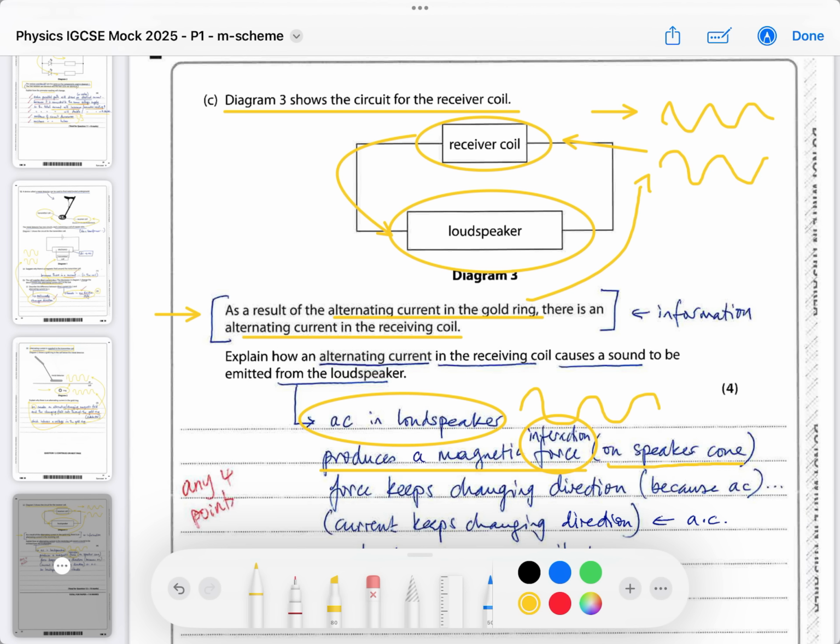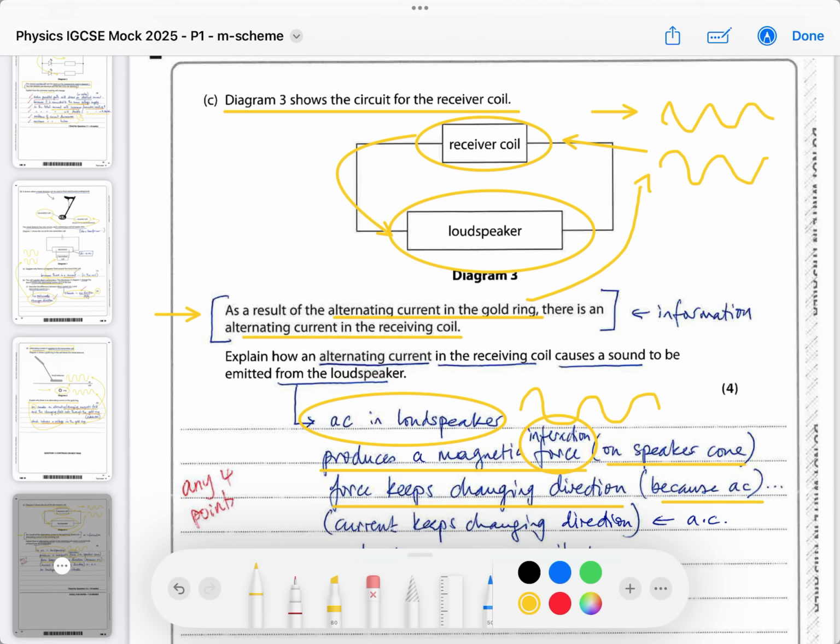Now inside a loudspeaker, you need to look at a diagram for it. It has its own little coil. So the current is feeding the coil in the loudspeaker, and because it's alternating, the force in the coil keeps changing direction. By Fleming's left-hand rule, if the current's going one way, the force will be one way.